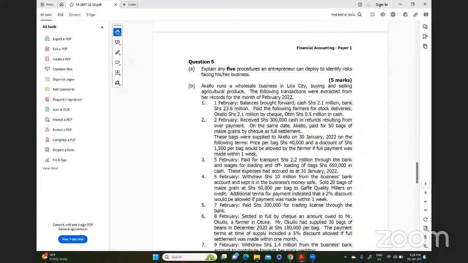Because trade discounts are not recorded anyway. If there is a cash discount, then your cash book must have a column of discounts, and hence it is going to be a 3-column cash book.